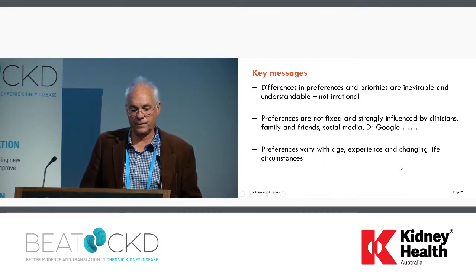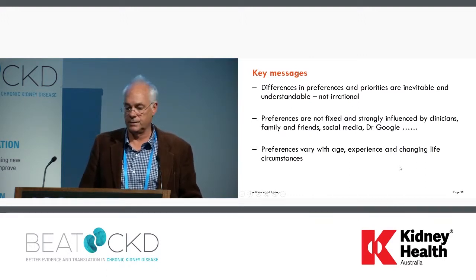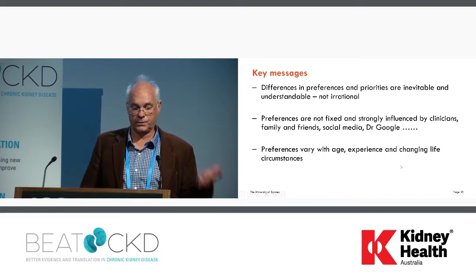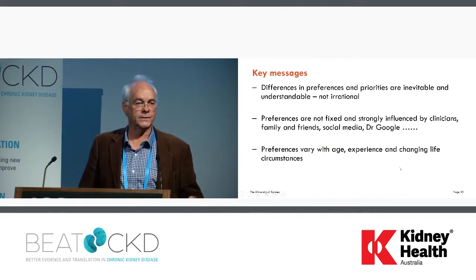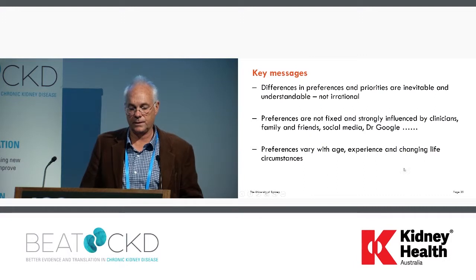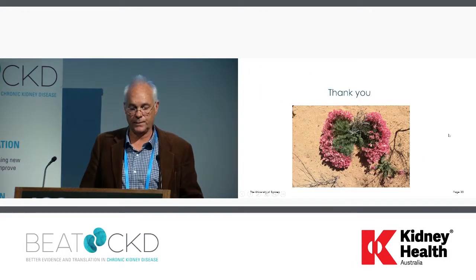And preferences vary with age, experience, and changing life circumstances. And it's critical, in my view, in patient-centred research and care, that preferences are also researched, collected, understood, and disseminated. And I think that's it.